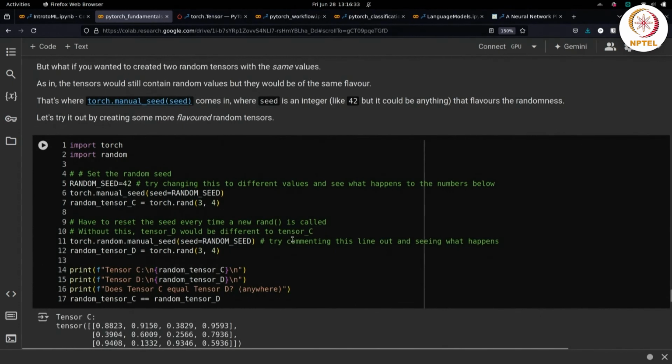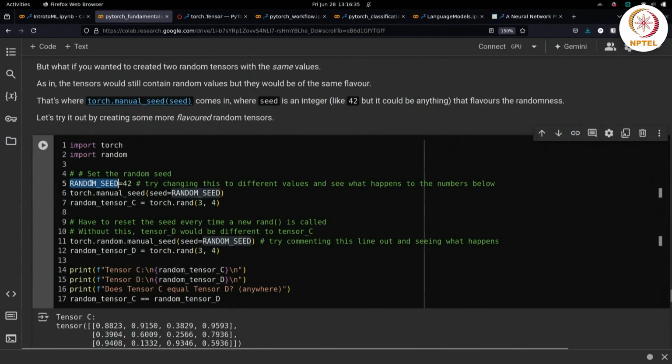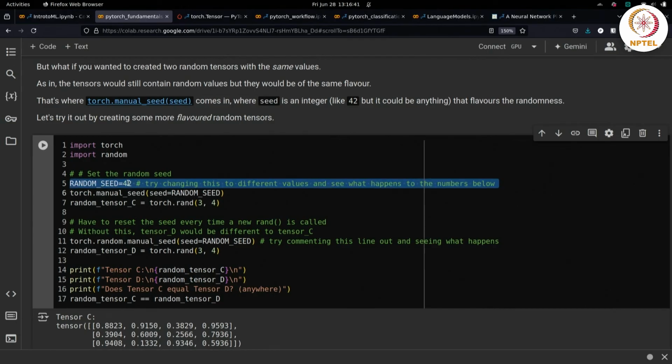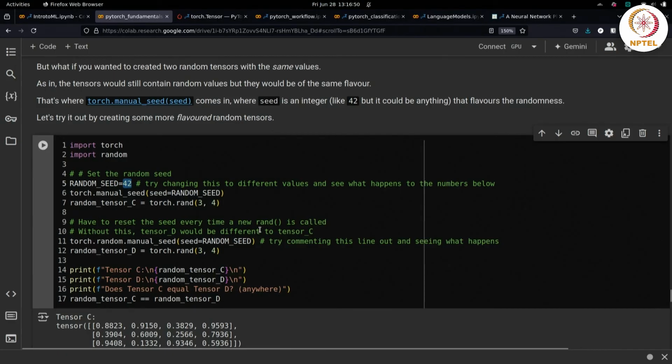You can force that using this notion of a seed. This random seed could be any number. A different seed would give different outputs, but if the seed is the same, the output of that random process would be the same, no matter how many times you run it.